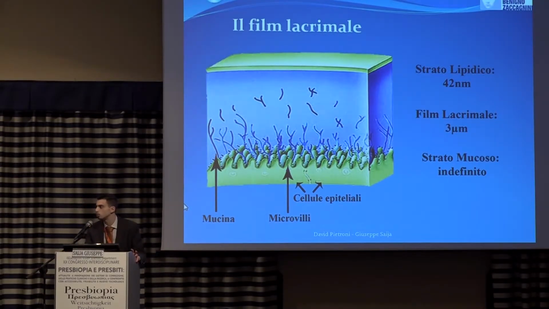We will be particularly interested in the lipid layer, a thin, oily layer with an average thickness of 42 nanometers, coming from the tarsal glands known as meibomian glands.